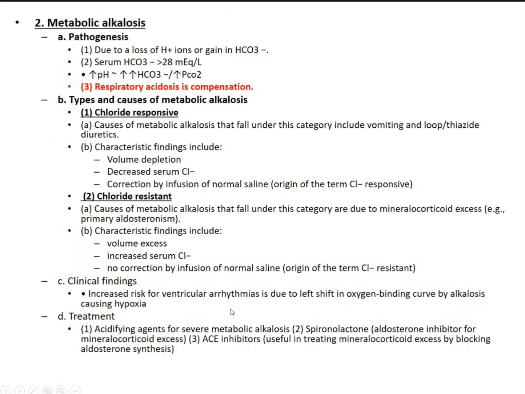Clinical findings, again, because of all this, electrolytes are also going to get affected, increased risk of arrhythmias. Treatment by acidifying agents, spironolactone, which is an aldosterone inhibitor. Here, the main cause is excess of mineralocorticoid. ACE inhibitors are often useful, and this is how you treat metabolic alkalosis, especially the chloride resistant.